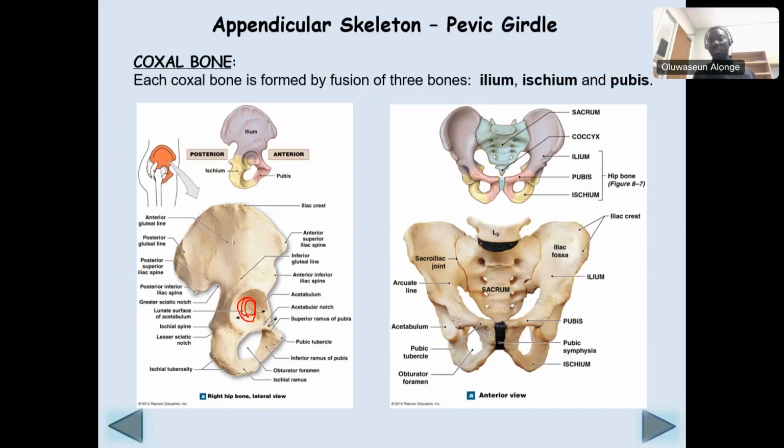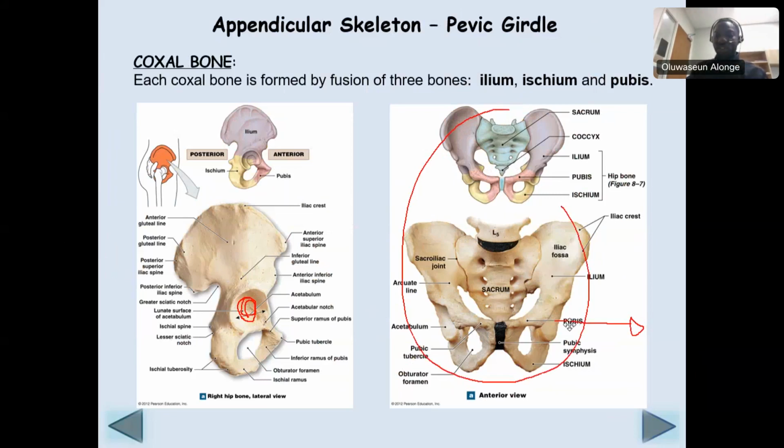So if this acetabulum is facing to the left side here, because anteriorly, this is going to be left, right?